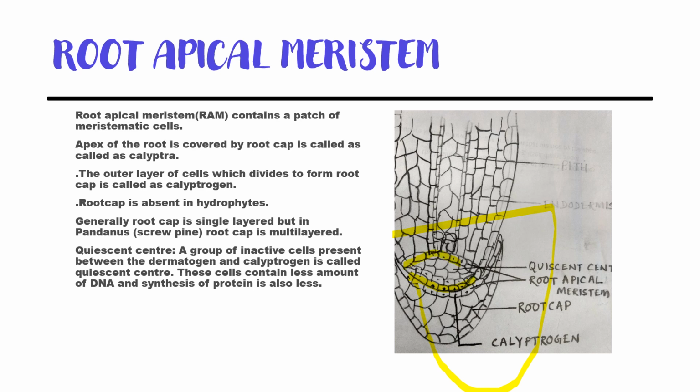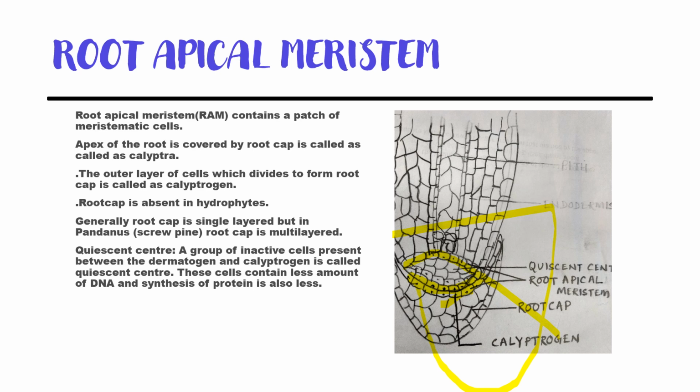In between these there are some cells which are not dividing. The outer layer of these meristematic cells divide and give rise to the root cap. The root cap is a structure which protects the root tip.